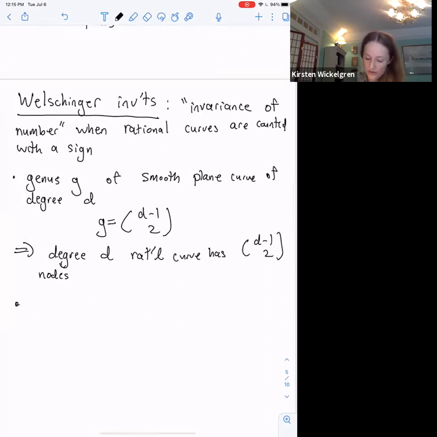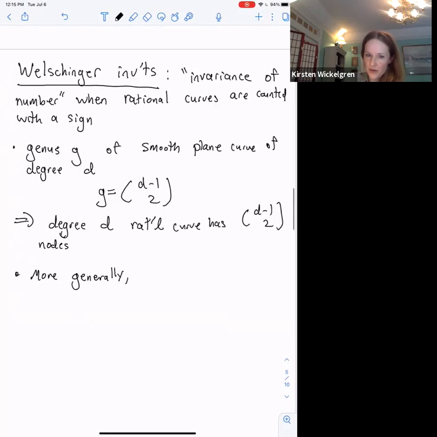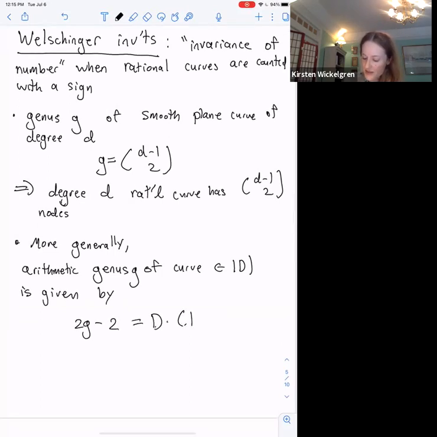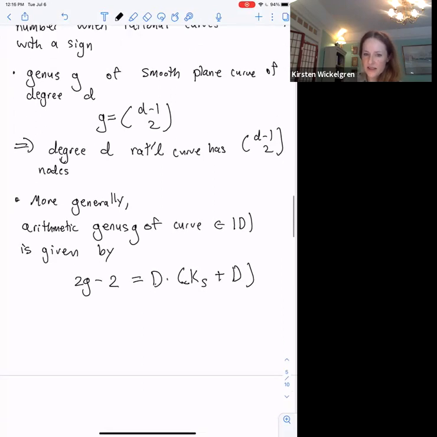And we can do this on a surface. So more generally, the arithmetic genus of a curve, let's call it G, and D is determined by 2G minus 2 is D times the canonical class on the surface plus D. And so it has this many nodes.